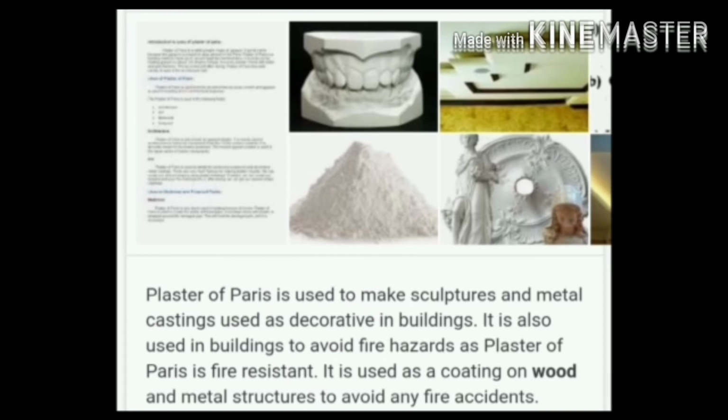It is also used in buildings to avoid fire hazard, as plaster of Paris is fire resistant. It is used as a coating on wood and metal structures to avoid any fire accidents.